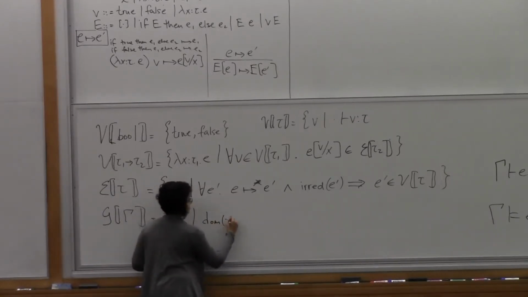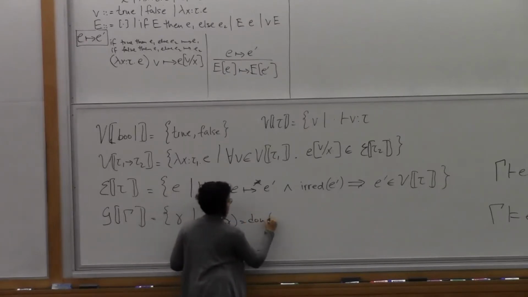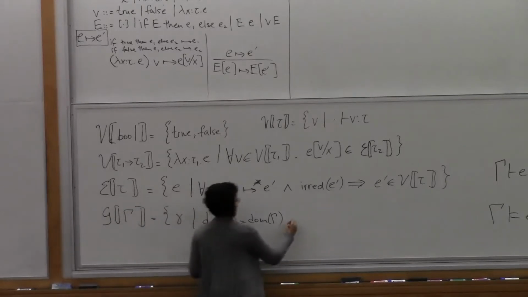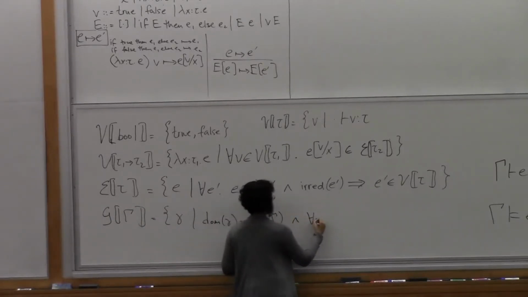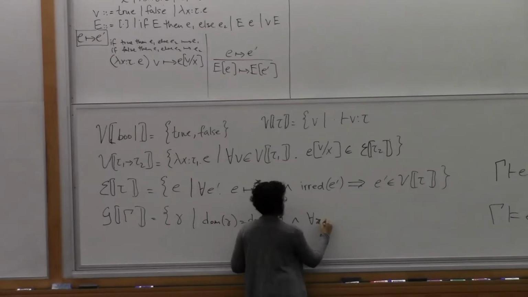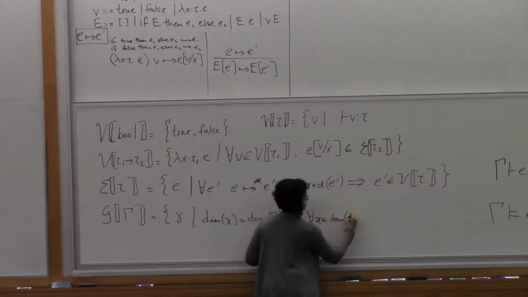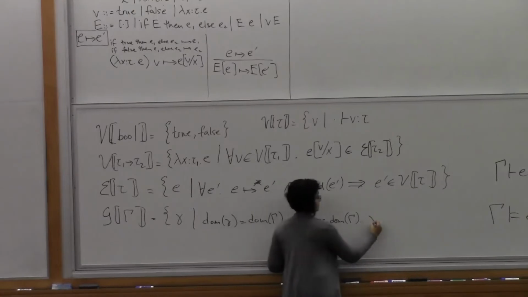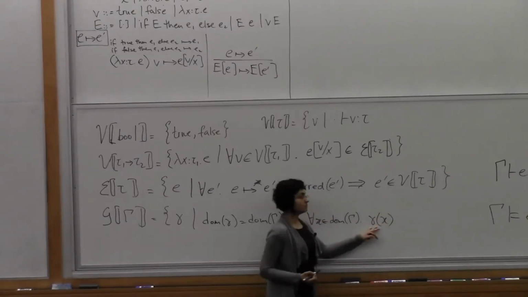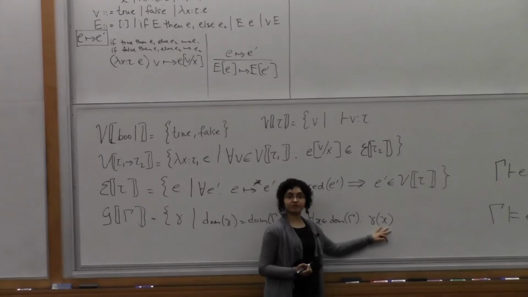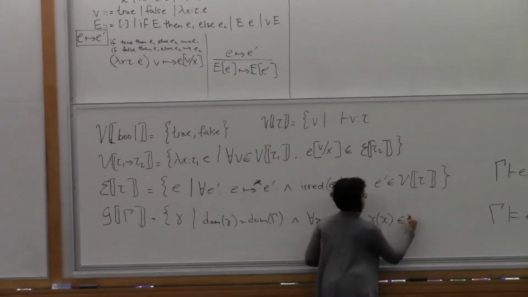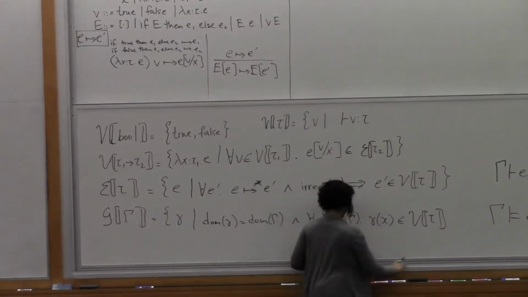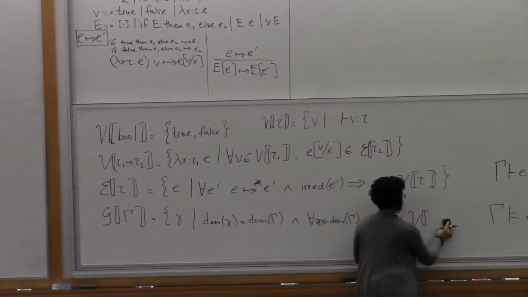We want the domains of the two gammas to be equal, like yesterday. And for all x in the domain of gamma, it better be the case that gamma x, the values that these variables map to, belong to the value interpretation, sorry, not of tau, of Gamma x.